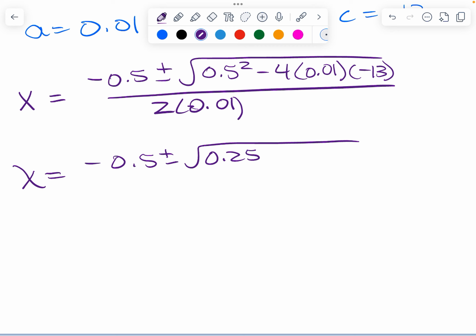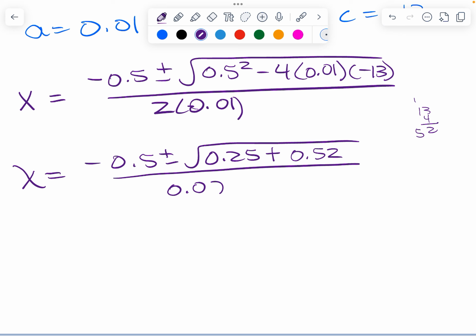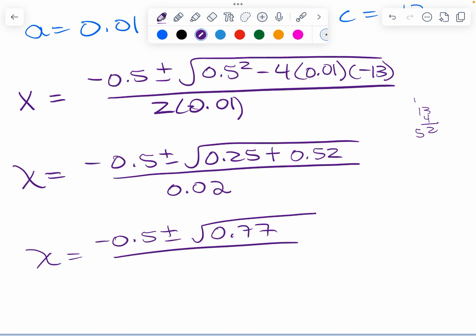And this one actually is going to be plus, 13 times 4 is 52, so 0.52, over 0.02. So X equals negative 0.5 plus or minus the square root of 0.77 all over 0.02.